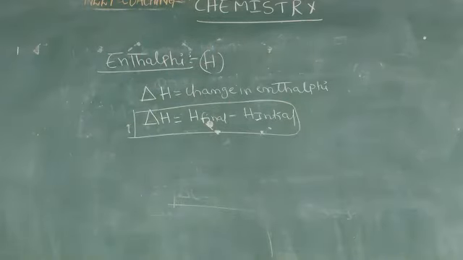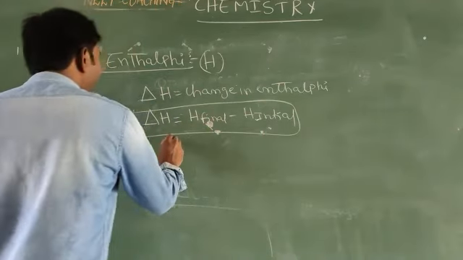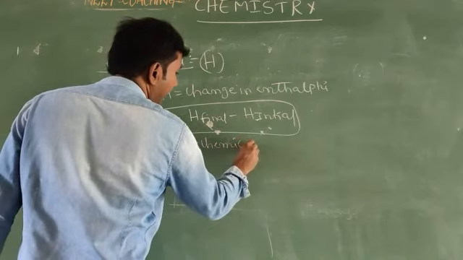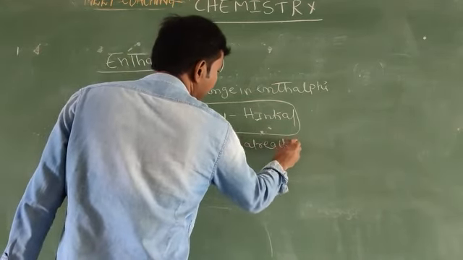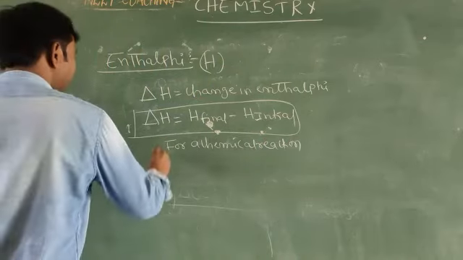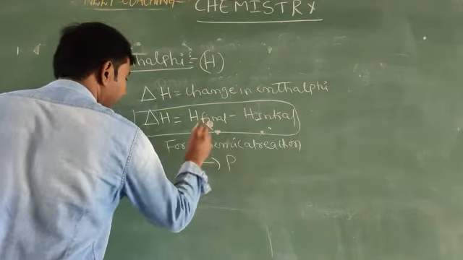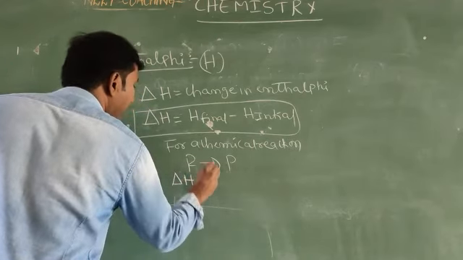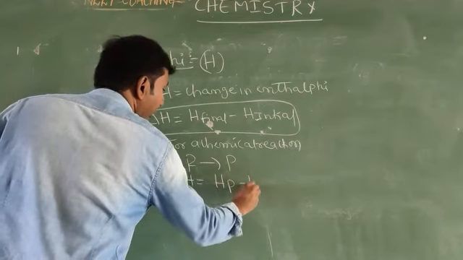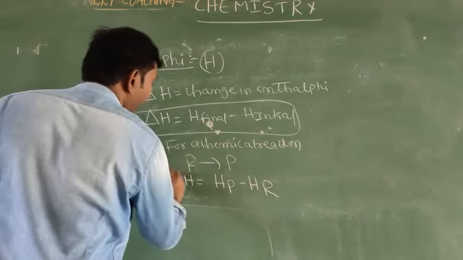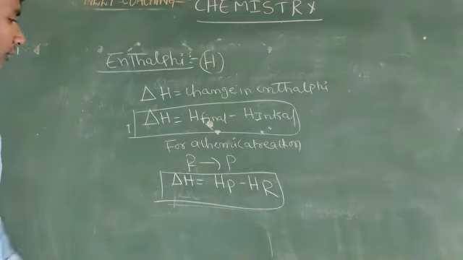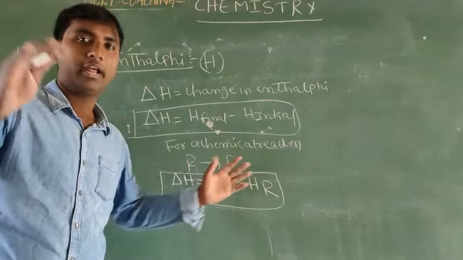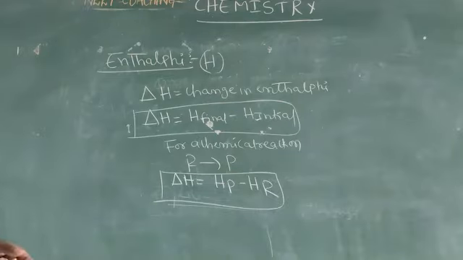Then for a chemical reaction, reactant gives product, so the change in enthalpy equals enthalpy of product minus enthalpy of reactant. This is about the enthalpy.